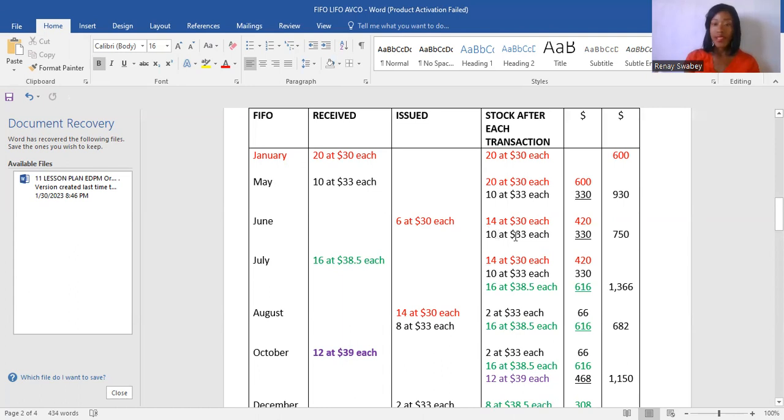So we rewrite it here, 10 at $33 each. And we have an adjustment to make. So we're going to say $420 plus $330, and we get $750 for the total figure. All right, good. So let's move on to July. Let me just scroll down.